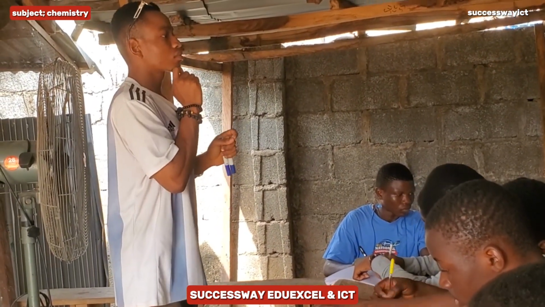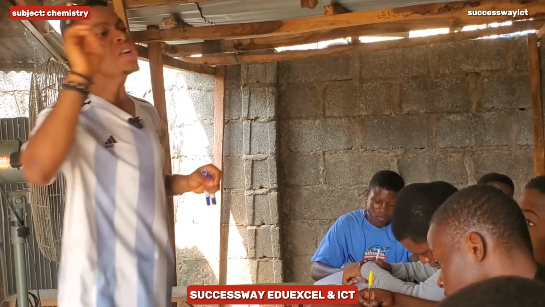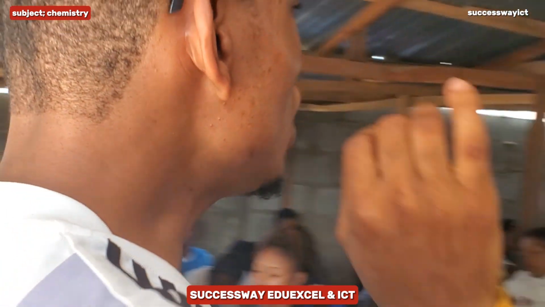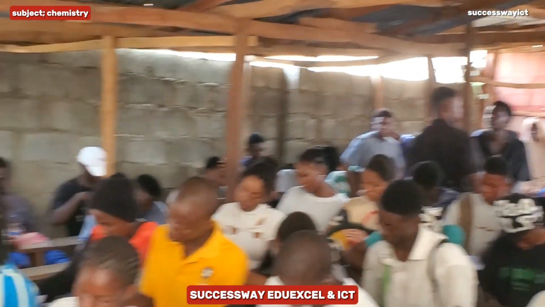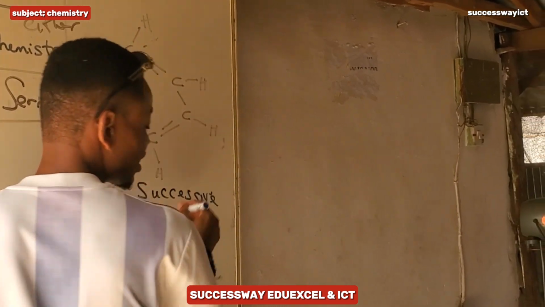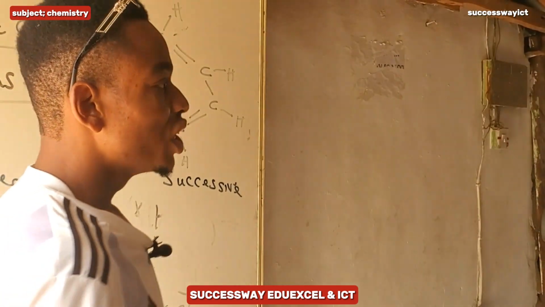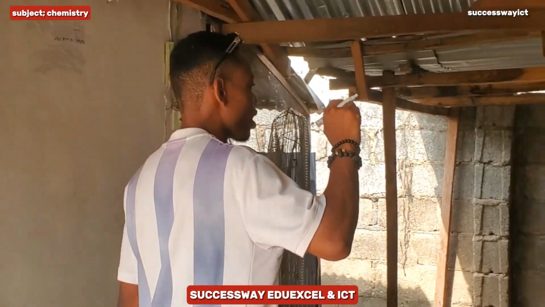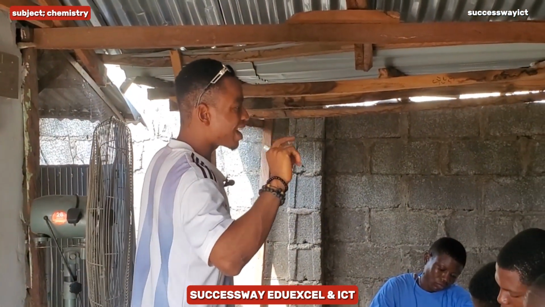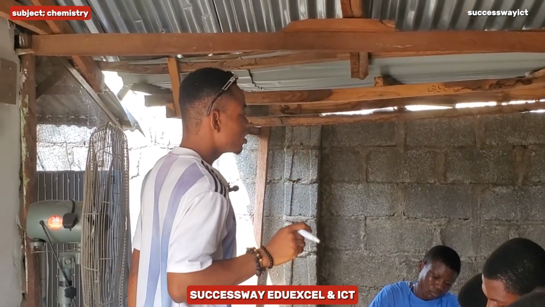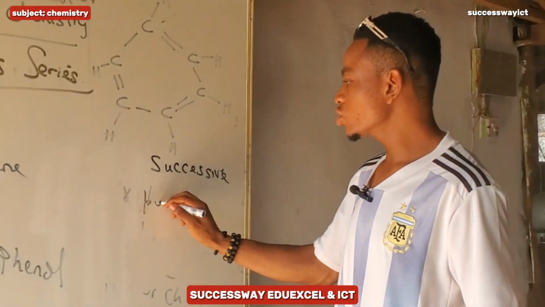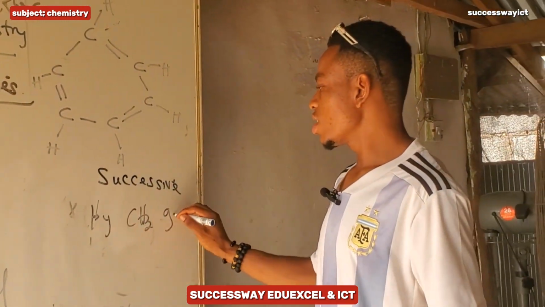In which each successive member differs by a CH2 group.